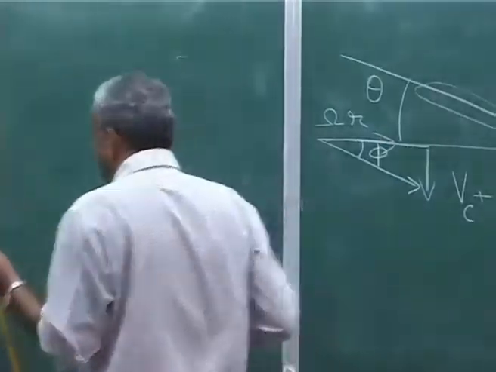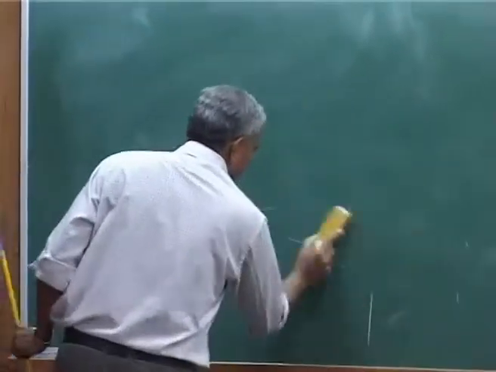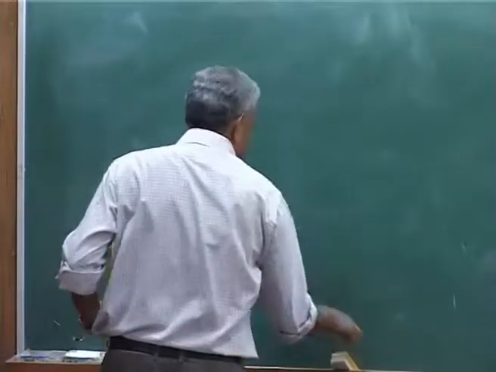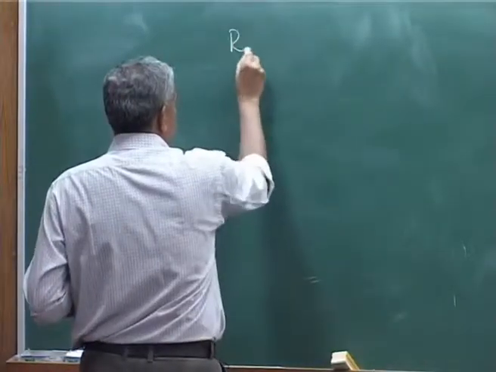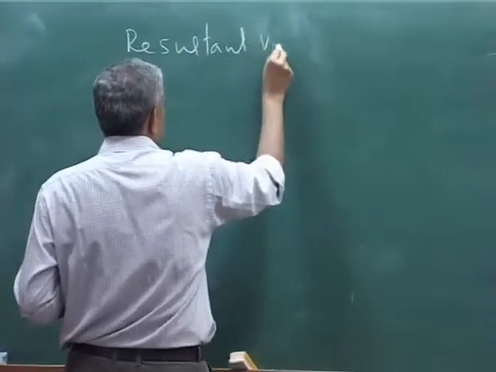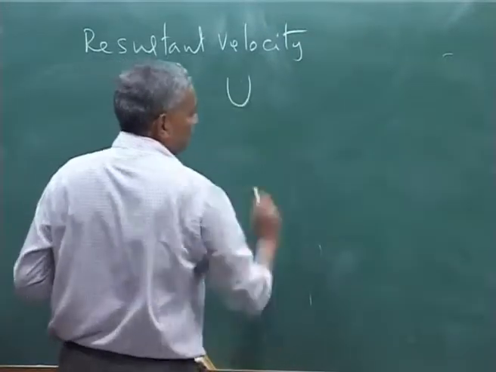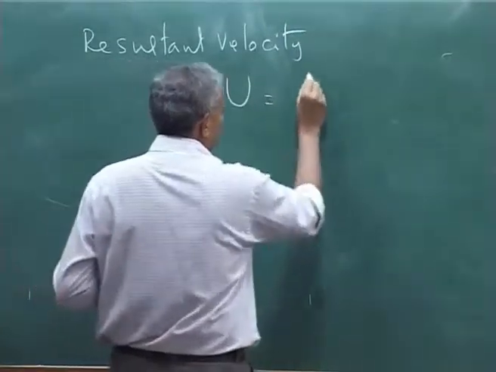So, you will have your resultant velocity u.